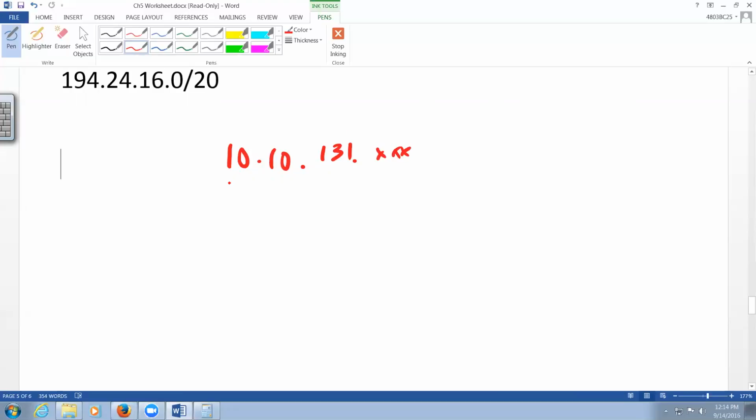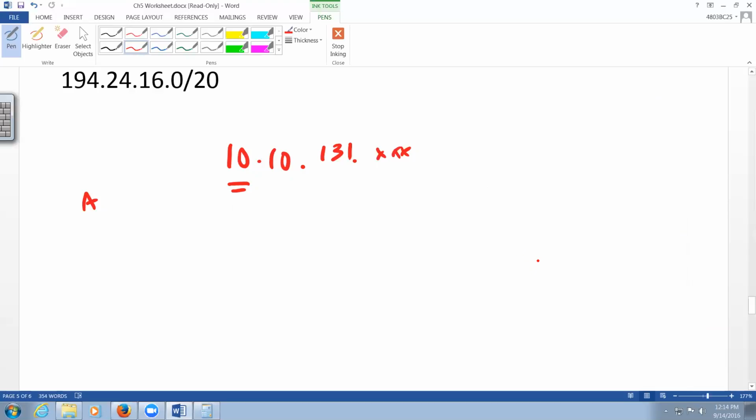If we have a 10 address, that's a Class A. So what did we just do there? We borrowed how many bits? 16. Oh my gosh, so we subnetted this out. Look at us. Now we start to see it. As a school, we subnetted this.